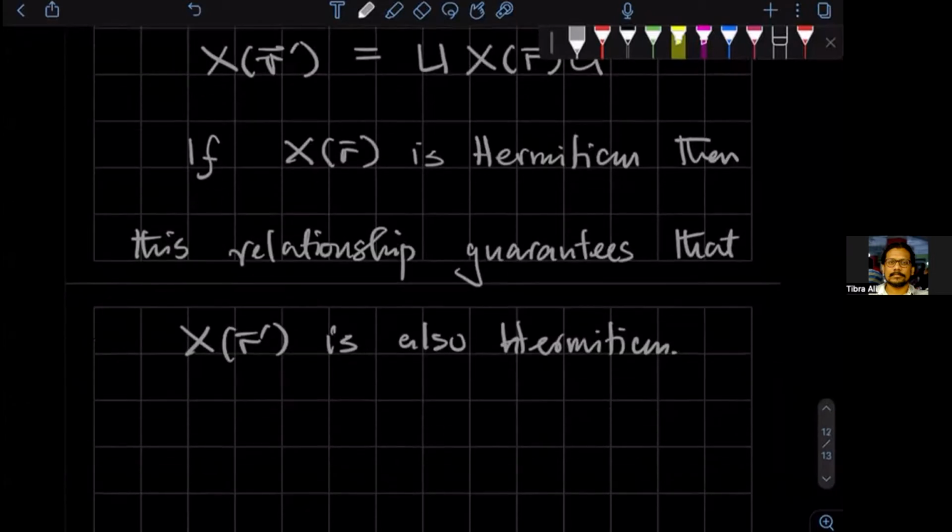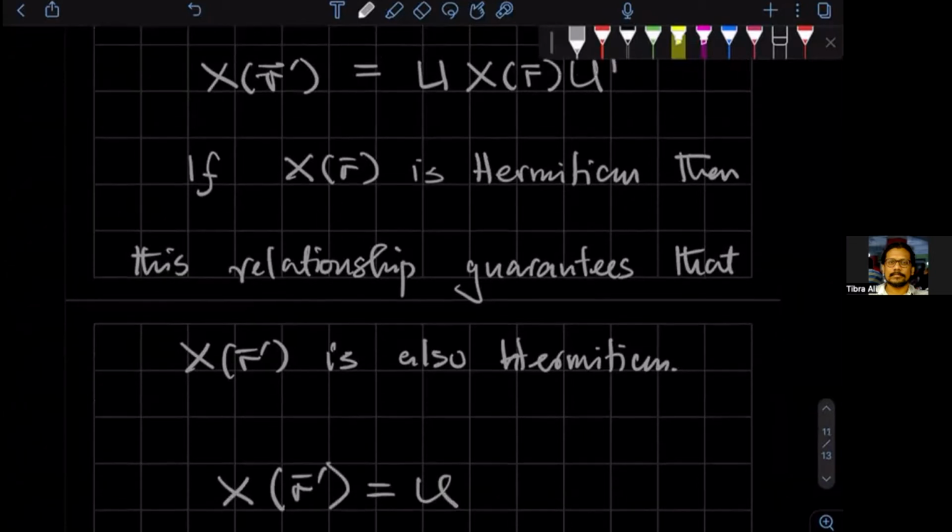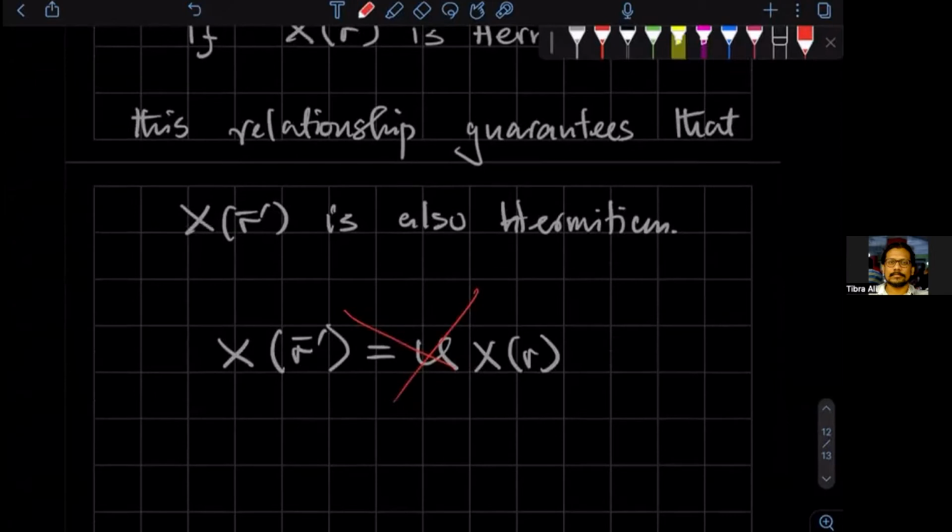If on the other hand you say, okay, why don't I try this: X of R prime is some matrix U, we don't know what matrix it is, times X of R. This will not do, because if you take the Hermitian conjugate of this, you will not get a Hermitian matrix.